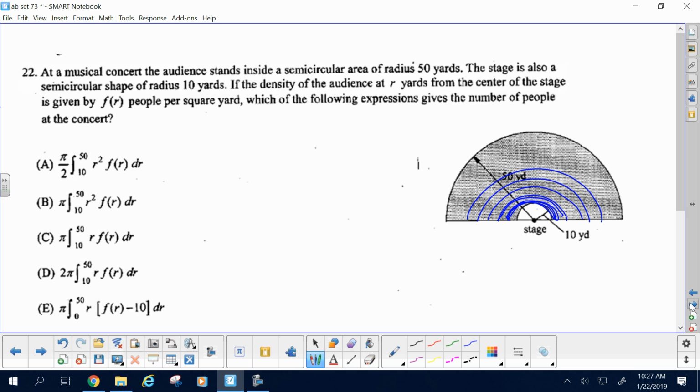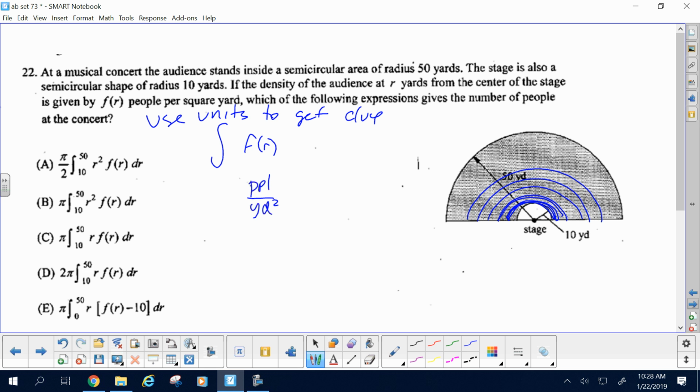So the first big idea is setting up the integral. If f of r is the density in people per square yard, then just integrating f of r won't give me people, it'll give me people per square yard.